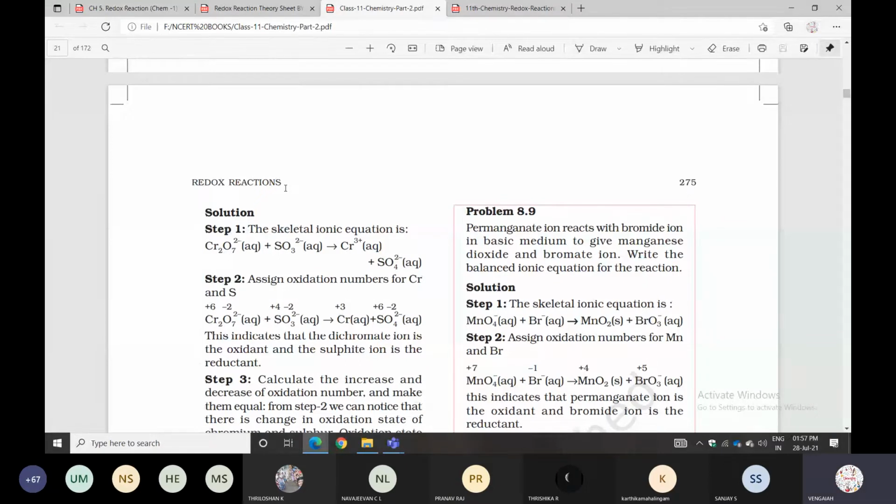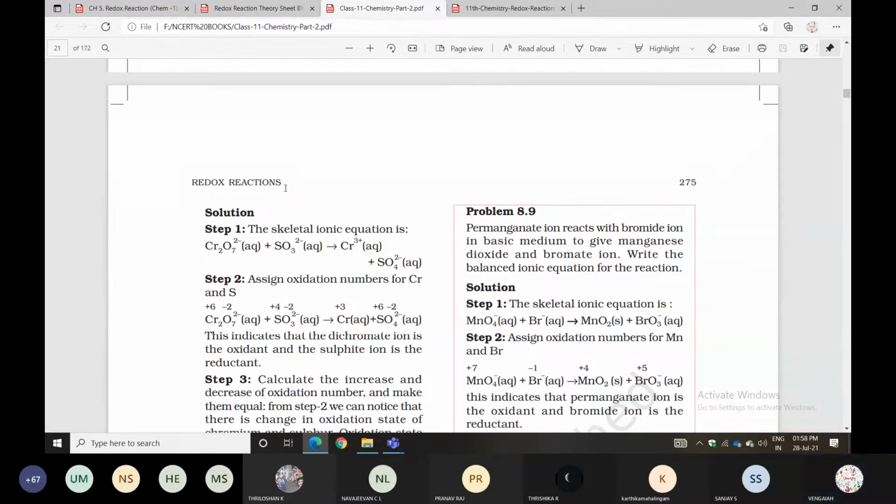Okay? Step 2: assign the oxidation numbers of chromium and sulfur. What is the oxidation number of chromium on the reactant side and on the product side? Product side also you can check, same as for other elements.